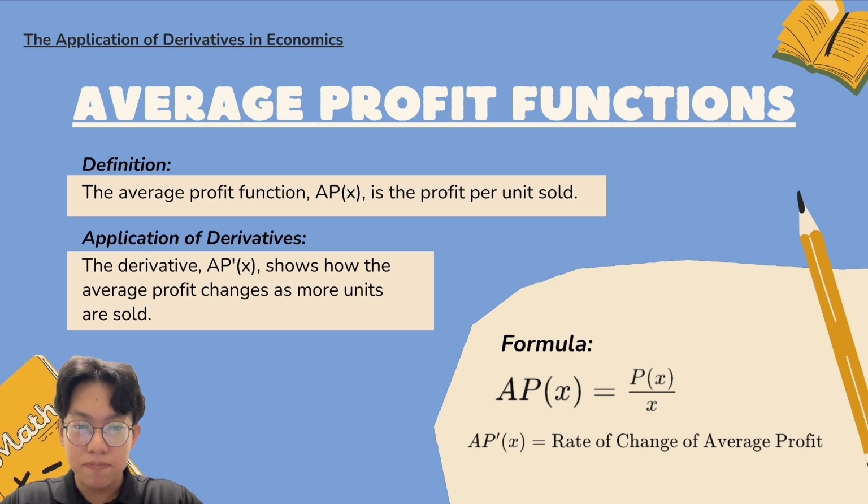Dividing P of x by x gives the profit per unit at a given production level. To gain deeper insights, we examine how average profit changes with production. This is achieved by using the derivative, AP prime of x, which shows the rate of change in profit per unit as production increases or decreases.